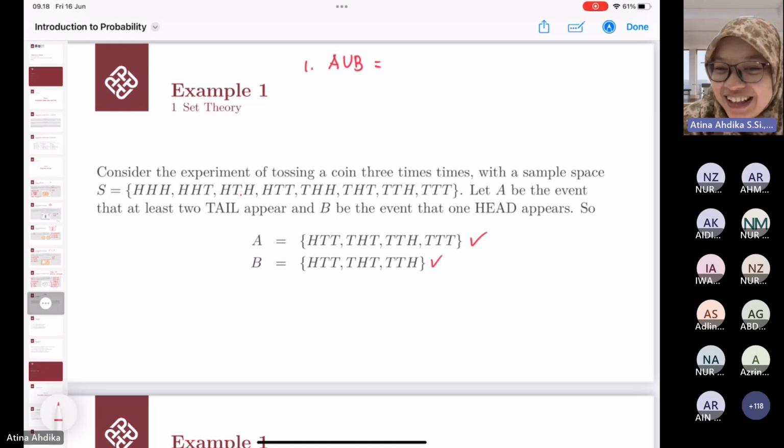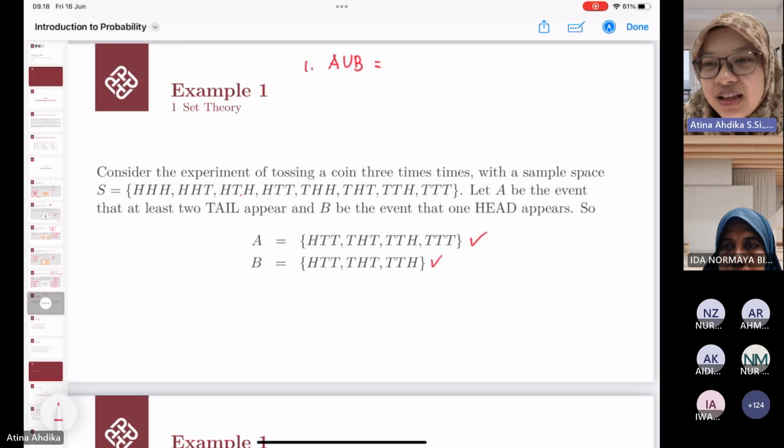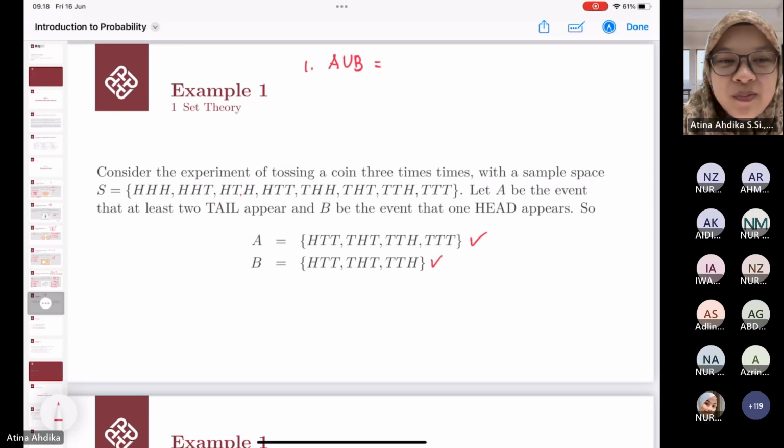Okay, another one, maybe Nur Afika. Nur Afika, are you there? Or anyone? I think anyone can answer this question. Please open your mic and just answer. Anyone? So what is the union between A and B?